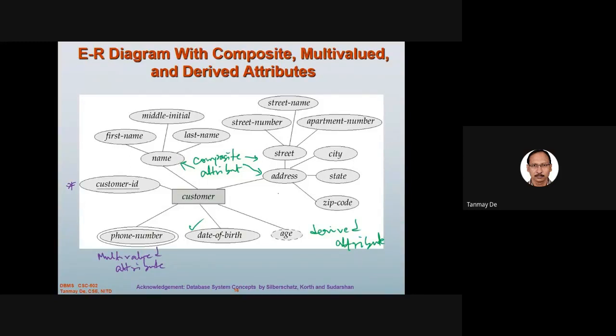Just like the key or primary key: the primary key is marked by an underline, or sometimes it is marked by an asterisk symbol. It is not necessary; you can use some symbol, or the simple ellipse is okay. Okay.